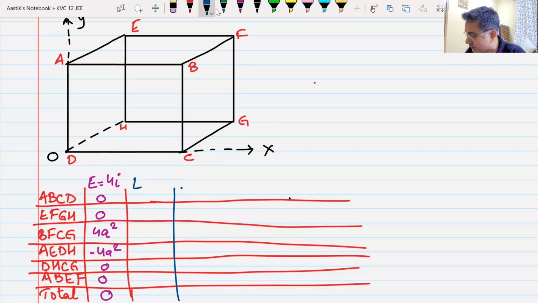Let me now change the electric field. Let me put it as 5J. What is the answer now? Sir, ABCD 0.